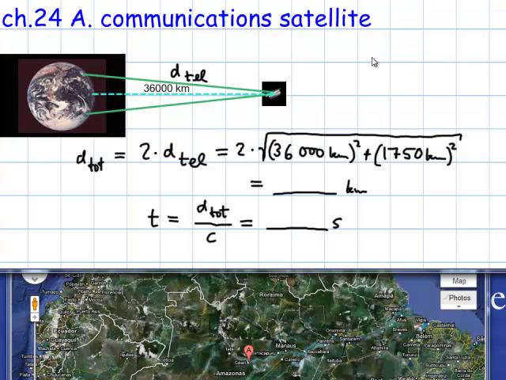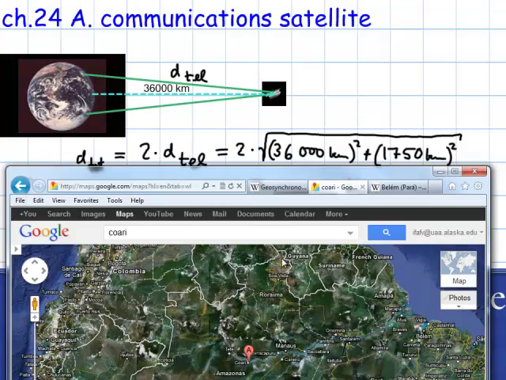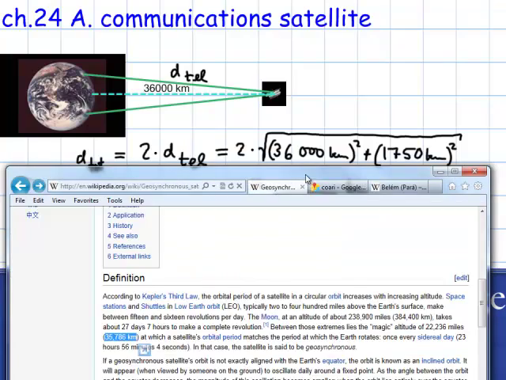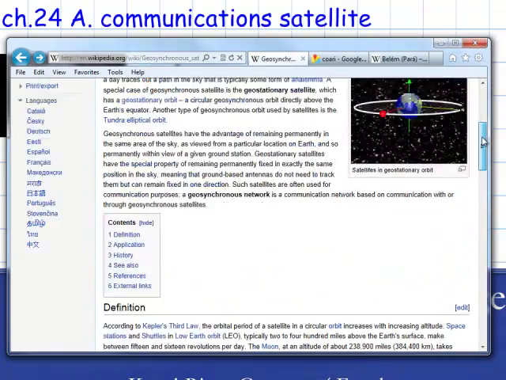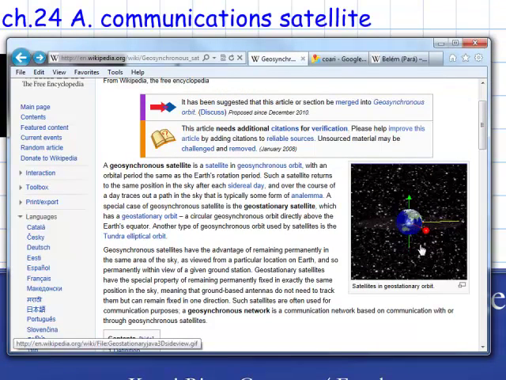That's really the problem, and I showed, of course, a couple of more things here, where they are on the map. I also looked up geosynchronous satellites, and this is how they would look like. Geosynchronous satellite orbits the Earth in exact the same time that the Earth needs to rotate for one rotation.